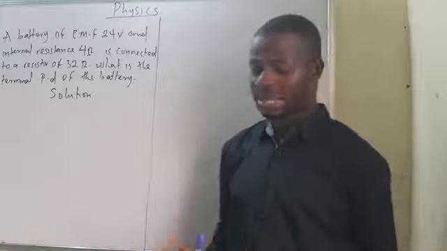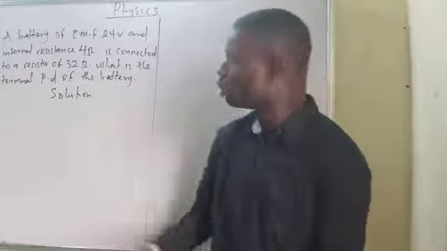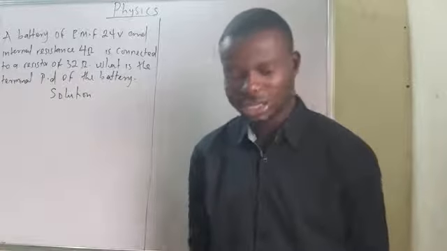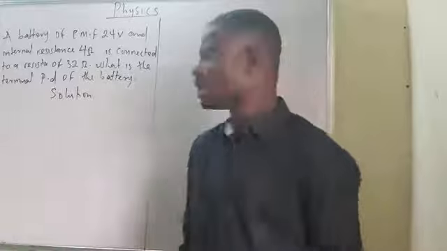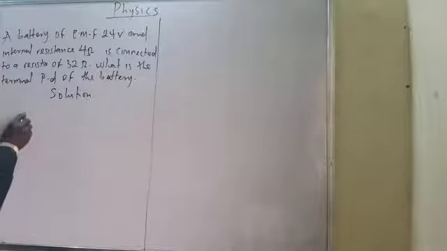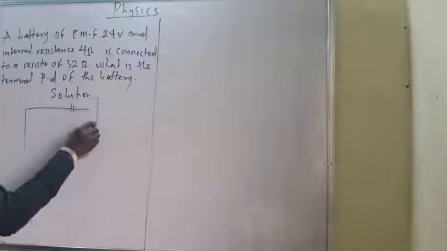When you are working on a circuit like this in electricity, try as much as possible to draw out your circuit. It will earn you more marks, and it will enlighten you more on what you have to do. The first thing I will do is draw my circuit. It means my circuit will be like this. We have a volt.